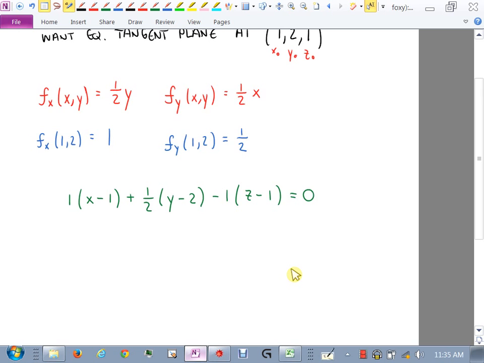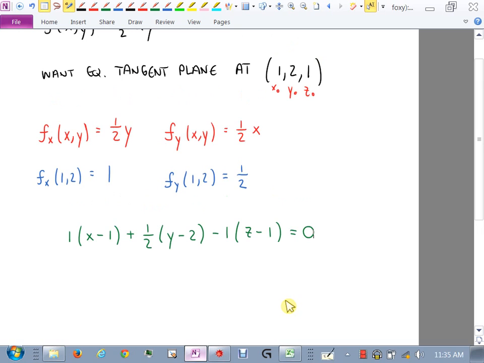It was given, and it has to be given if you want to know the exact tangent plane. If you wanted a general formula for the tangent plane, then you would have to leave the x naught, y naught, z naught unknown here. You could find the partial still, but without the actual x, y, and z value, you can't get the specific plane we're talking about.